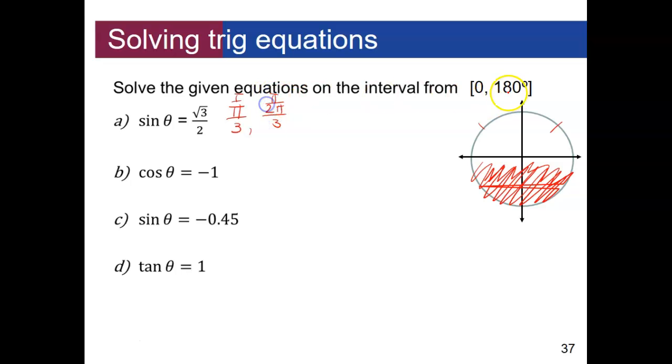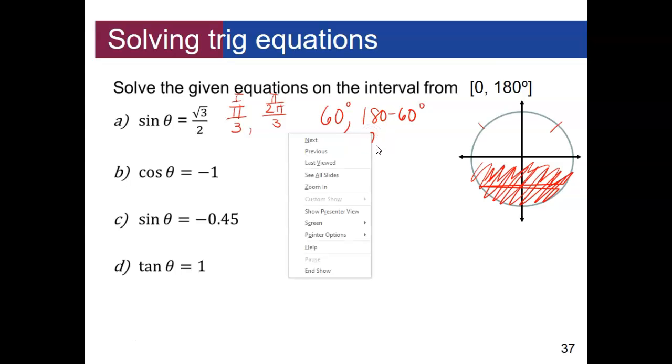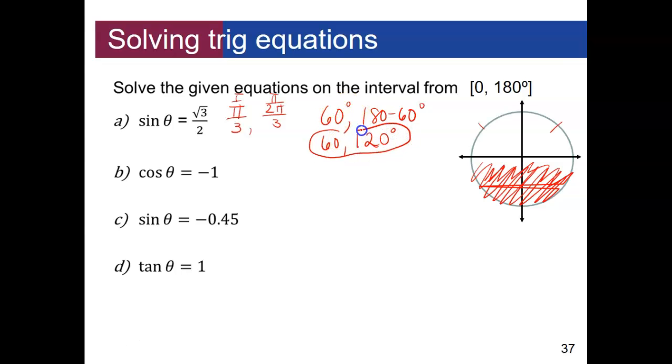But because it's asking specifically for degrees, that's going to be 60 degrees. And then for the second quadrant, we're going to do 180 minus 60. So that's going to be 120. So those are the two angles in degrees where the sine of those angles will be square root of 3 over 2.